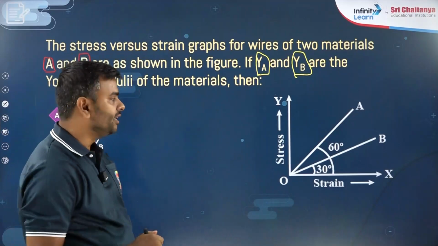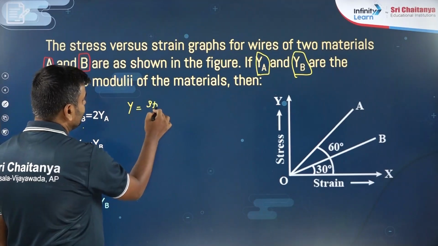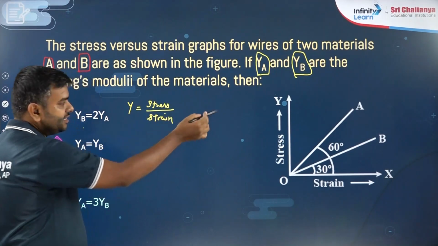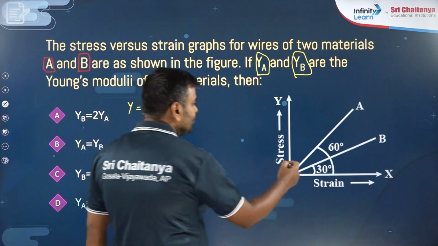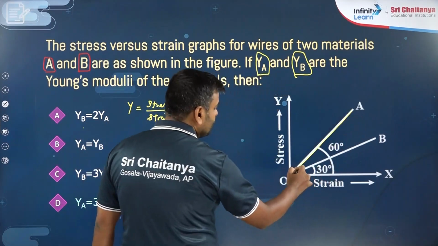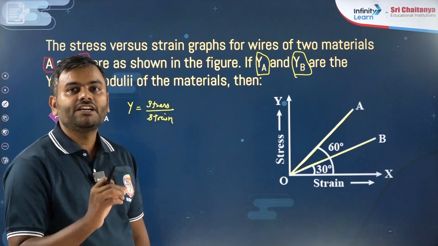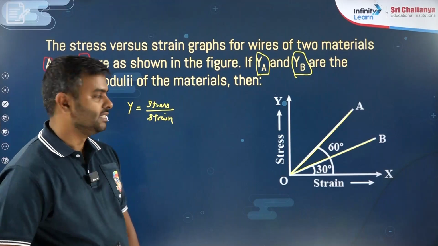So how can we calculate? Basically, Young's modulus according to Hooke's law is equal to stress upon strain. And in this particular curve, the slope of these graphs gives us the value of Young's modulus of elasticity.